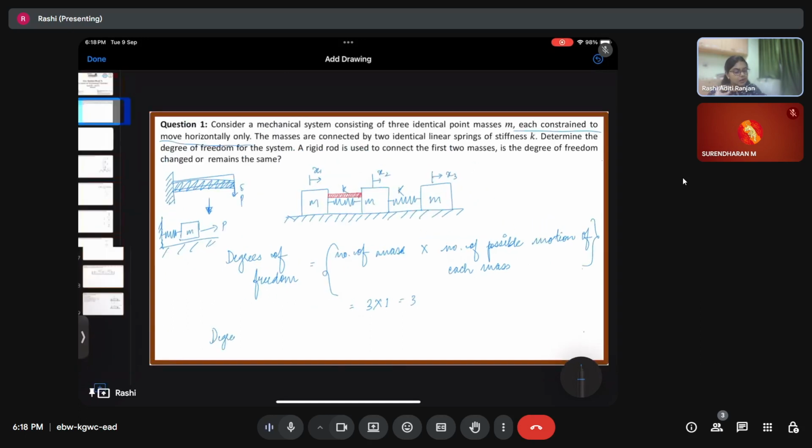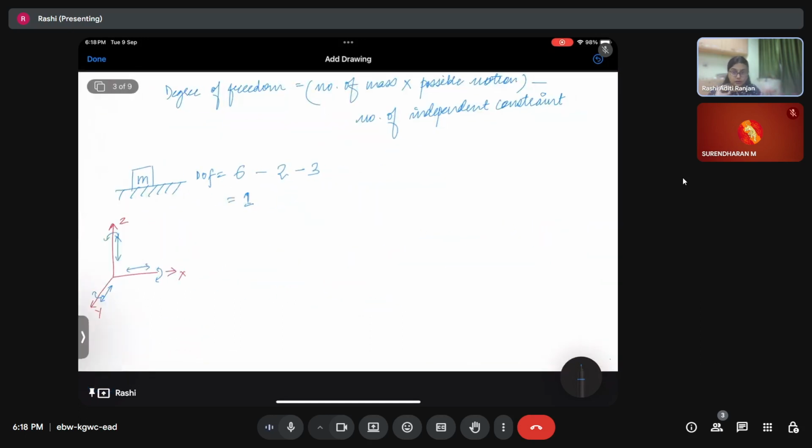Correct? So now, if I talk about this equation, wherein we can find out the possible motion and then subtract the number of independent constraints, if I try to use this equation to find out the degrees of freedom of the system after the rod is introduced, the degrees of freedom is equal to number of masses, which are 3, times possible motion, which is 1 because we have constrained it to move only in the horizontal direction, minus 1 because we have one constraint wherein we have stopped the relative motion between the first two masses.